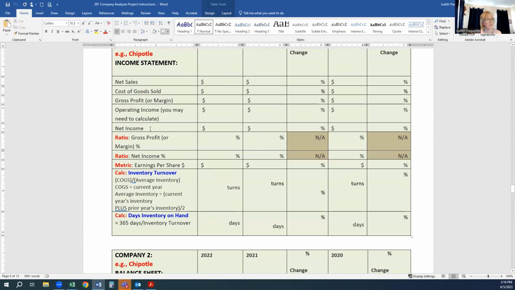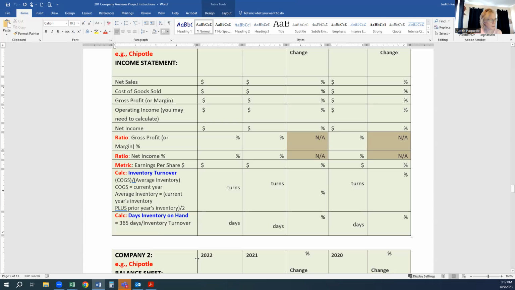If you feel you really need to discuss operating income trends because they help develop your thesis, that's fine. But be sure to discuss gross profit margin percent trends, net income percent trends, EPS trends, and either inventory turnover or days inventory on hand. And remember, you want fewer days of inventory on hand.